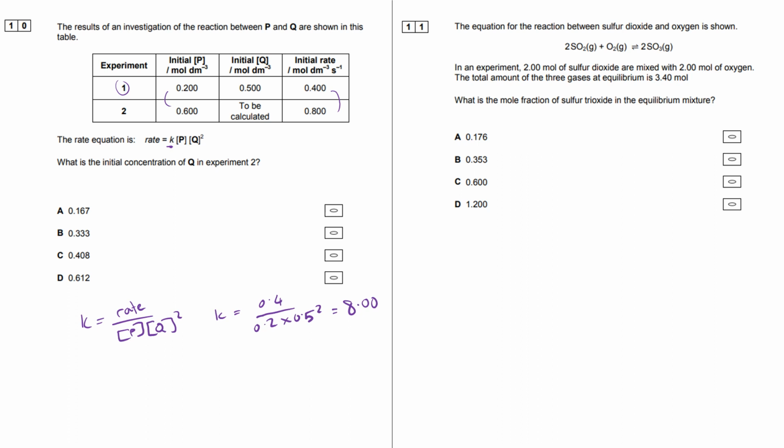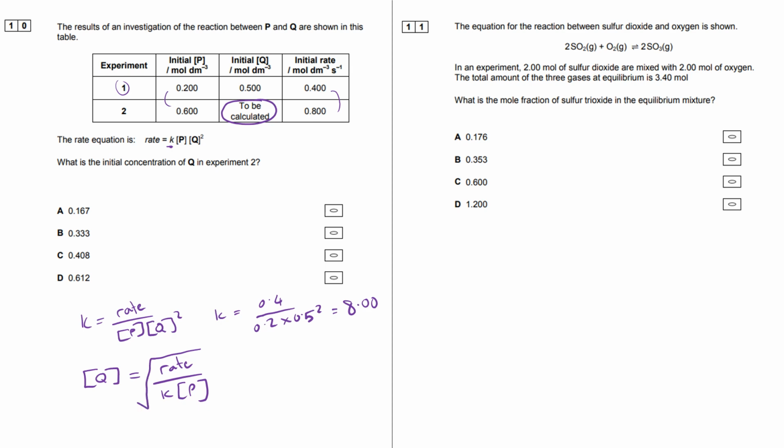Now that we know the value of K, in experiment 2 we can work out the value of Q. So rearrange the rate equation to make Q the subject. So Q squared is going to be rate divided by K times P. And because that's Q squared, we would then need to square root both sides.